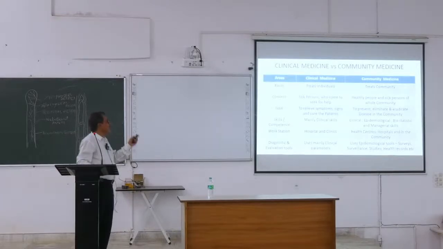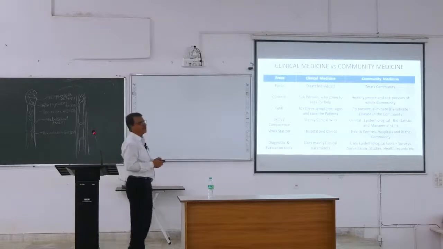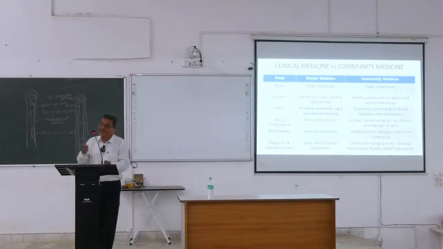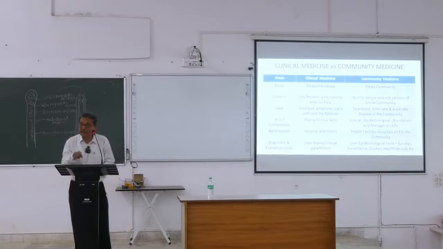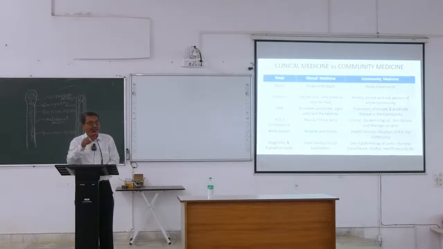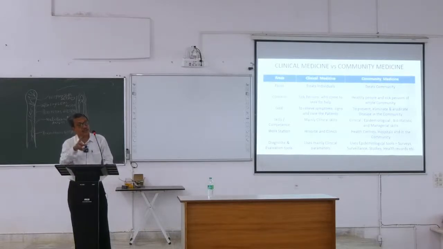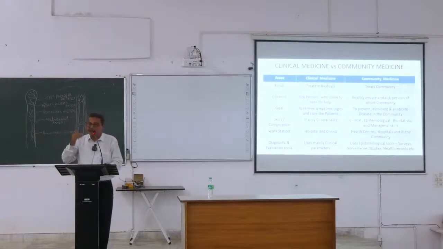The second concern: clinical medicine is concerned with sick persons, while community medicine is concerned with healthy people and sick persons, the whole population. Community medicine does not focus only on sick persons, but also on healthy people. Healthy means apparently healthy, as I told you in the last class. You see the angry young man Amitabh Bachchan is healthy, but he may not be 100% healthy, because community medicine wants the ideal definition.